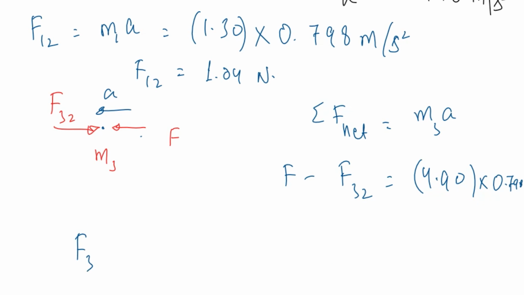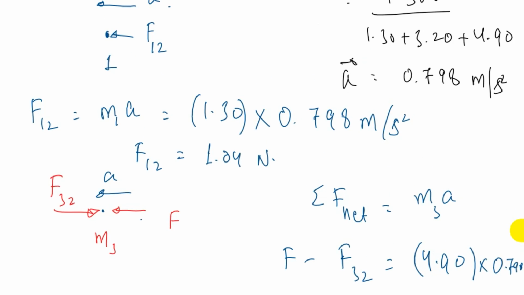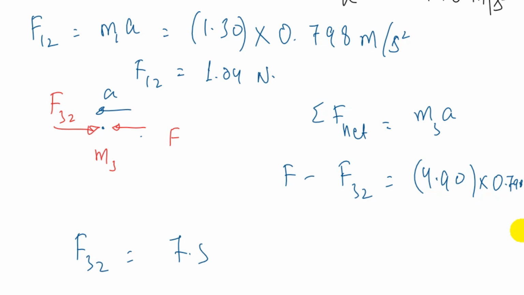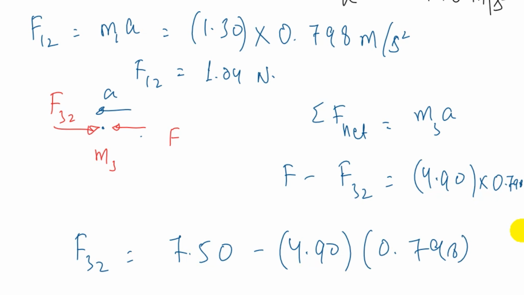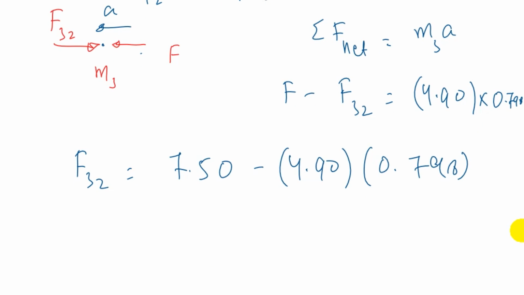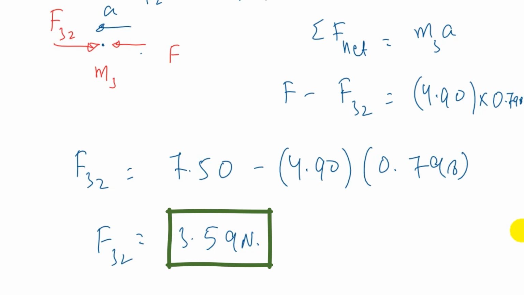So F32 is equal to F, which is given to be 7.50, minus 4.90 multiplied by 0.798, and on solving we get F32 equal to 3.59 Newton. So this is the answer for the B part.